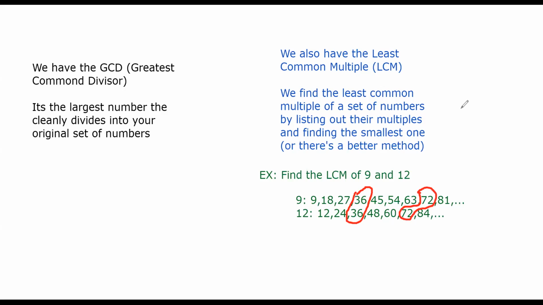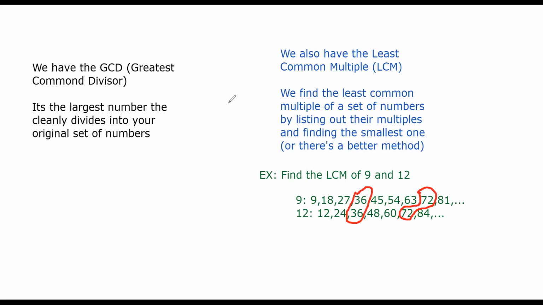And if you were to keep going, you'll see that so is 108, so is 144, so is 180. You'll find there's actually a lot of common multiples, but the most special one is not the largest because they can keep going and going forever. The numbers can just keep getting larger and larger. So the special one here is not the largest common multiple, it's the least common multiple.